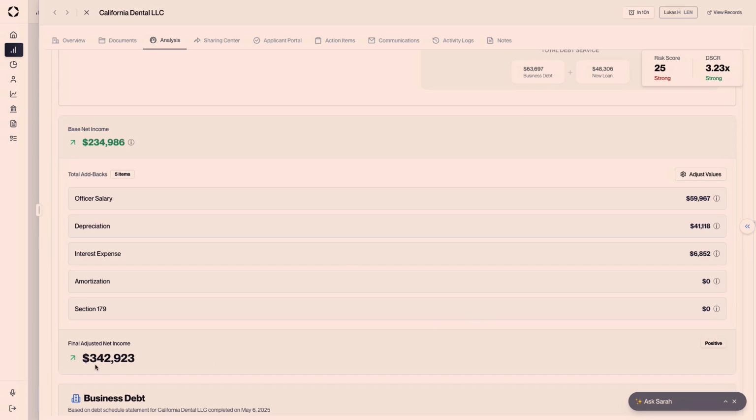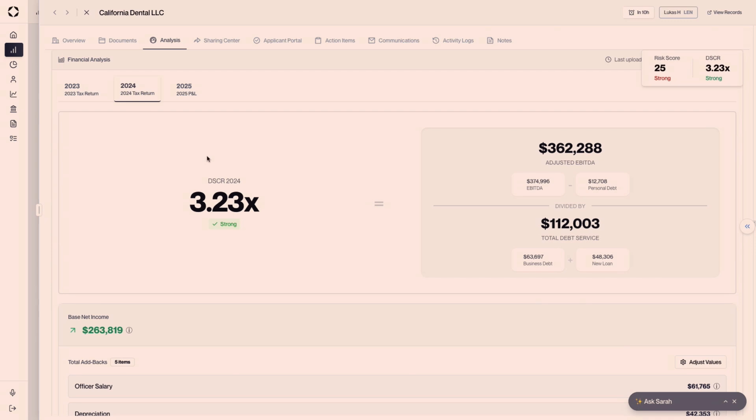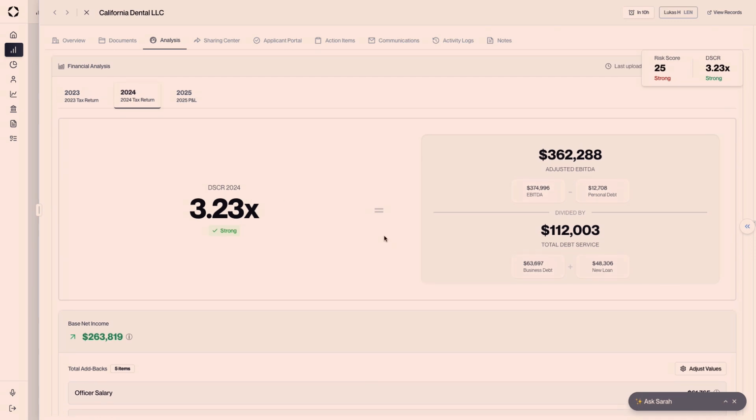This gets us a final adjusted net income of $374,996. To calculate the DSCR, we then subtract the annual personal debt service and divide the sum by the business's existing debt service, as well as the debt service for the new $300,000 loan. This gets us the new DSCR of 3.23.